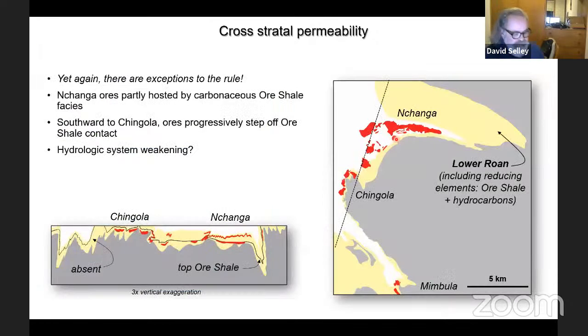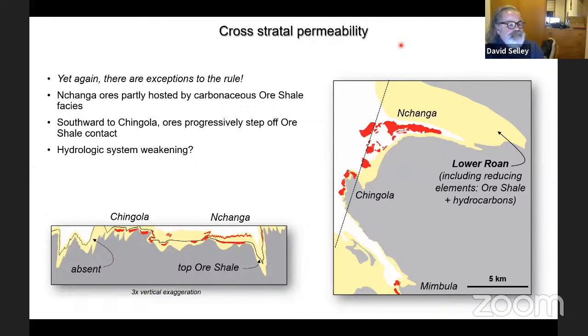But yet, again, there are exceptions to the rule, and it's in Nchanga. We come back to that, and this is a bit of a fly in the ointment, because in Nchanga, ores are at least partly hosted within the relatively tight carbonaceous ore shale facies. Now, I must confess that I've never worked on this deposit, and I haven't seen the ores for something like 20 years.